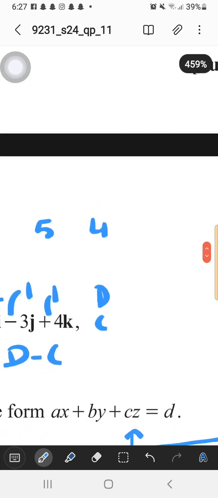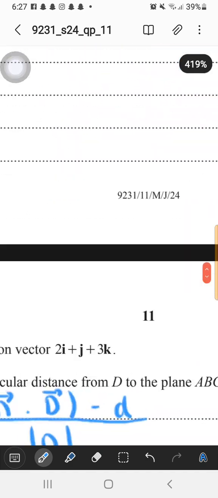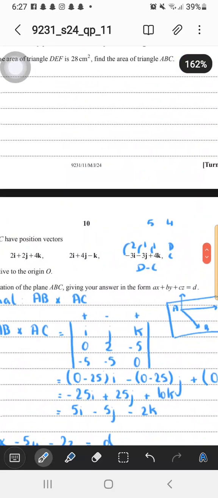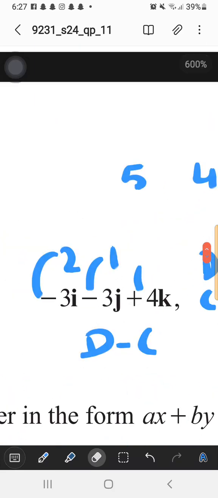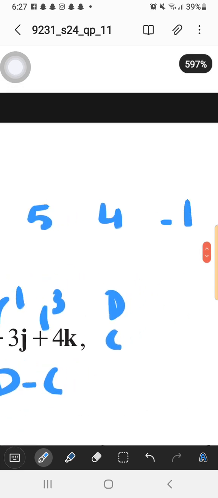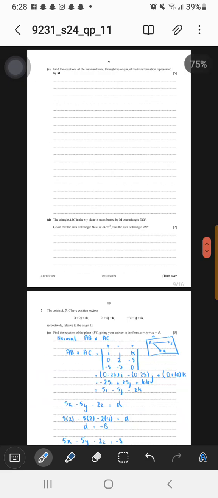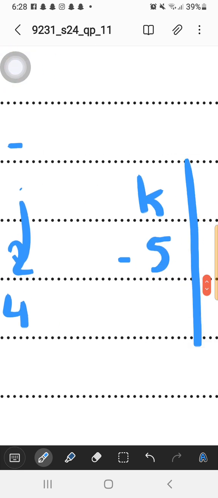Then 3 minus 4 becomes minus 1. So our CD vector is 5i plus 4j minus k.